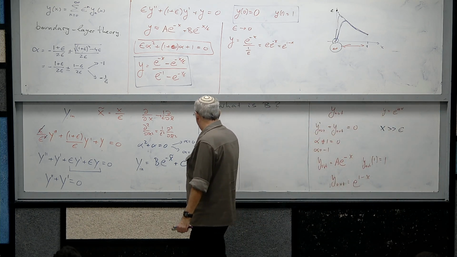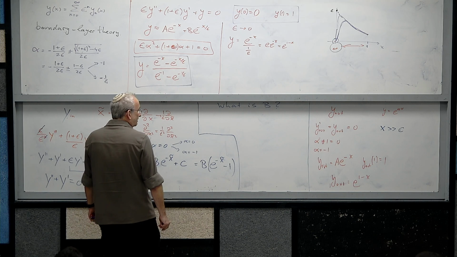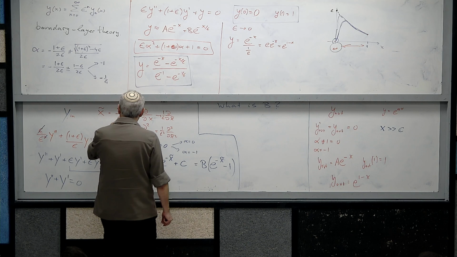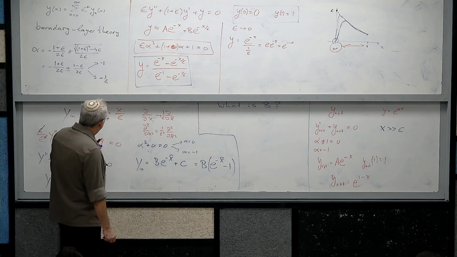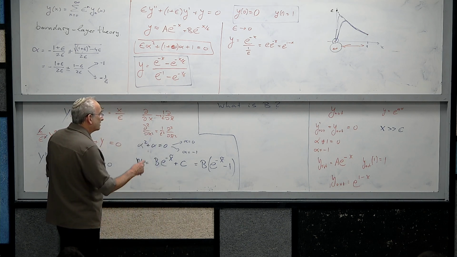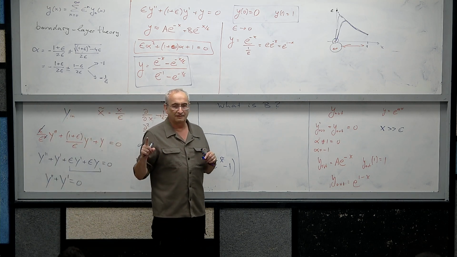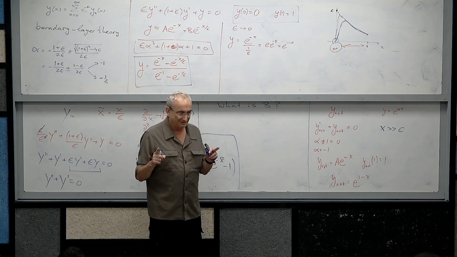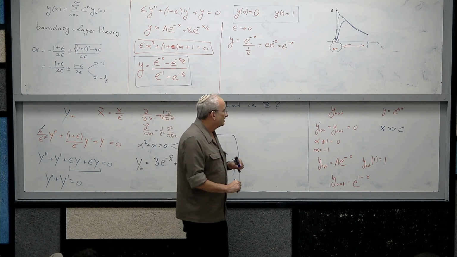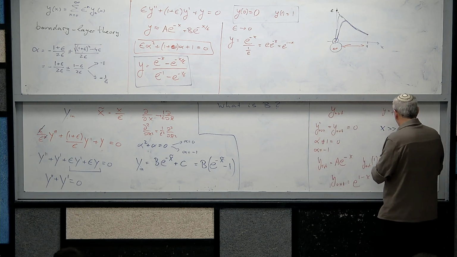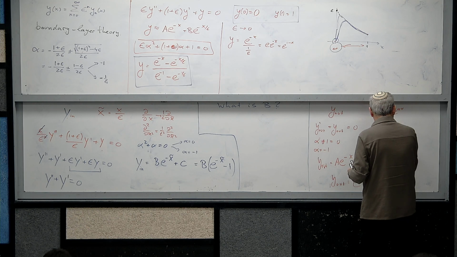What we assumed here is the other way around: epsilon is not zero. Here we assume that x is much larger than epsilon, okay? But I can add another assumption that will not violate this one, which is x much larger than 1.